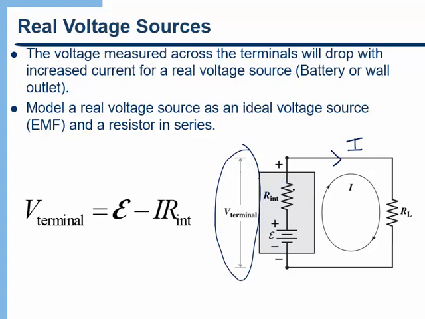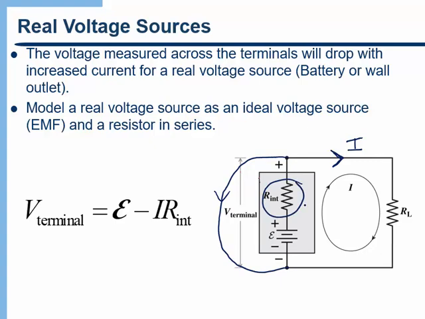And so that's why when you are starting your car, the voltage across the battery terminals goes down, because you're drawing so much current from it. The other thing this shows us is that even if we do something stupid like connect a wire across the terminals of a battery, the current's not going to be infinite because it's going to be limited by the internal resistance.